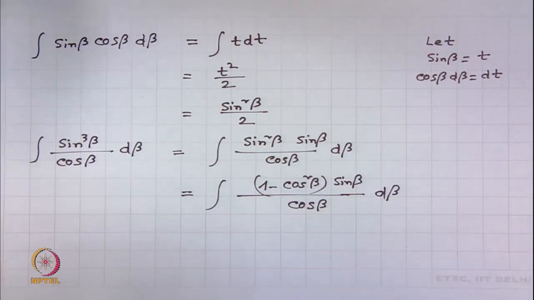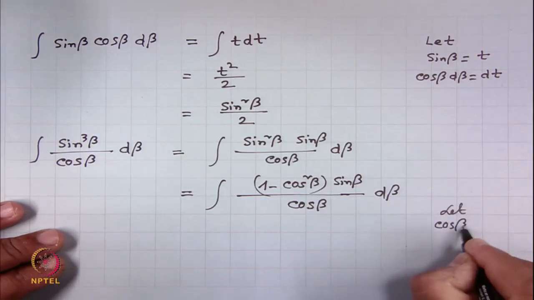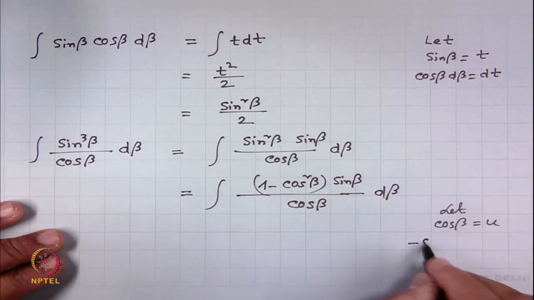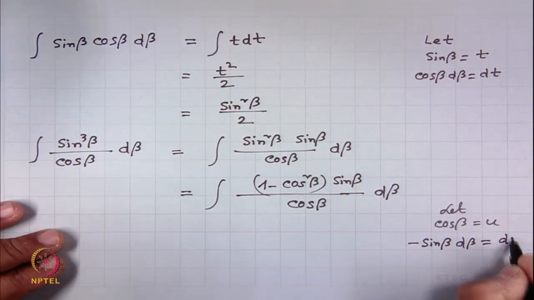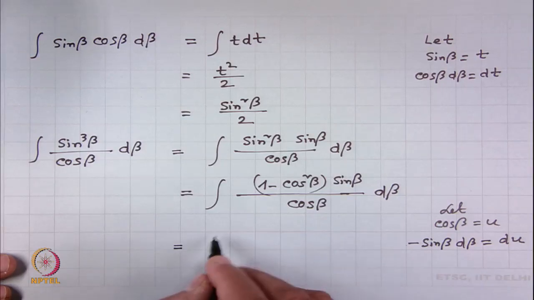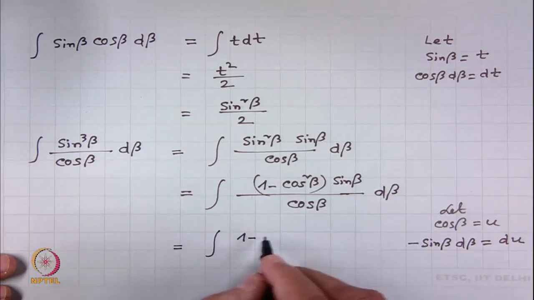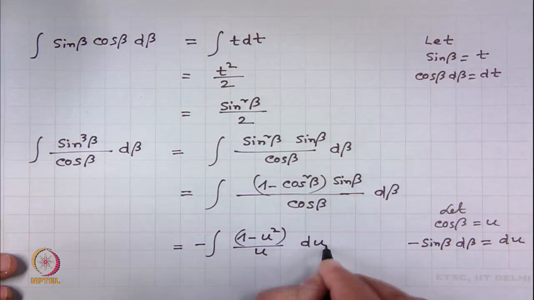Let us assume cos beta is equal to u. Minus sin beta d beta is equal to du. So, 1 minus u square by u du.